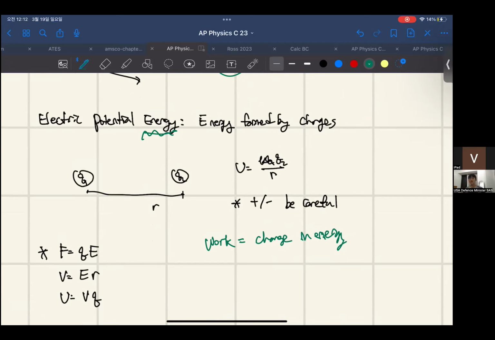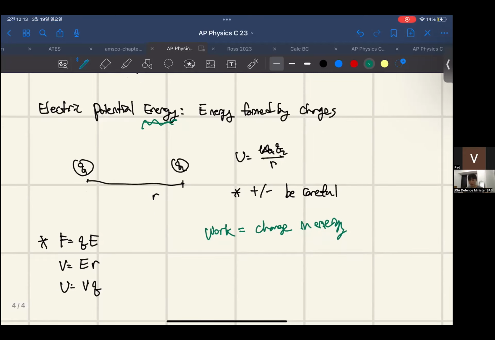It's not a characteristic of a specific location in the field, but it's a characteristic of a pair of two charges. Thus, for electric potential energy, it's the amount of work that you have to do to drag out not a unit charge, but a charge that can be, for example, 2 coulombs, -4 coulombs, or whatever, a proper non-unit charge, infinitely far away out of the electric field.